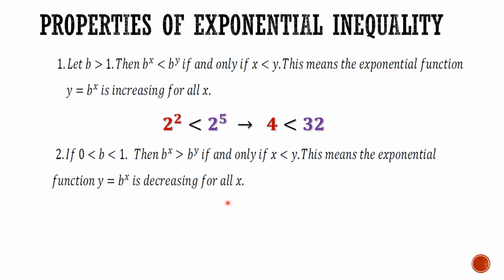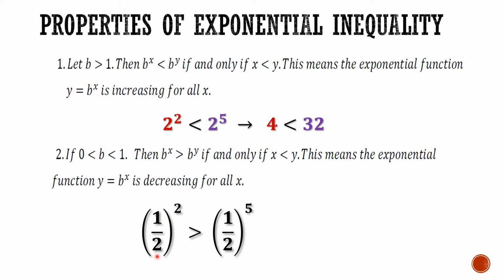Okay? Example, we have here 1/2 squared is greater than 1/2 raised to the 5th power. As you can see, yung nasa left side, 2 lang ang kanyang exponent. Yung nasa right side, 5. So, dapat, di ba, sa unang property, kung mas mataas yung exponent, mas mataas ang value. But this time, let's try to look at their values. So, 1/2 squared, that is equal to 1/4, and 1/2 raised to the 5th power is equal to 1/32.